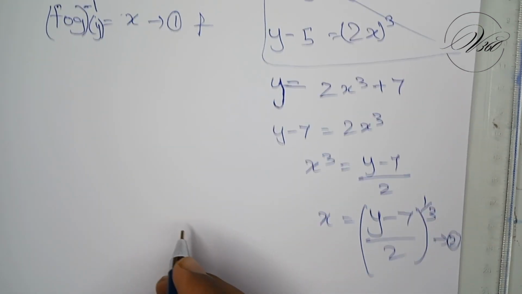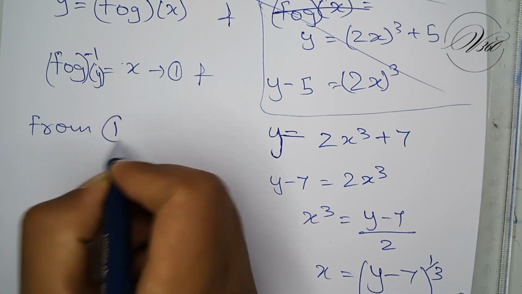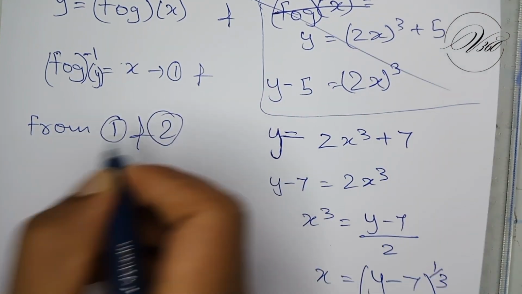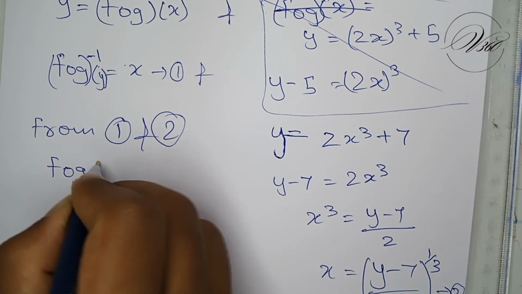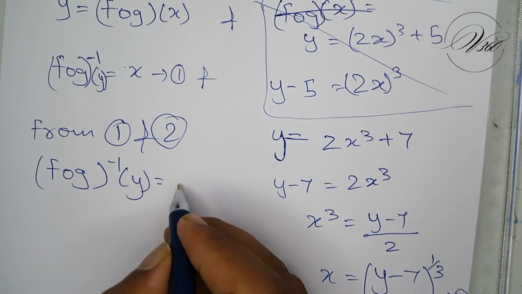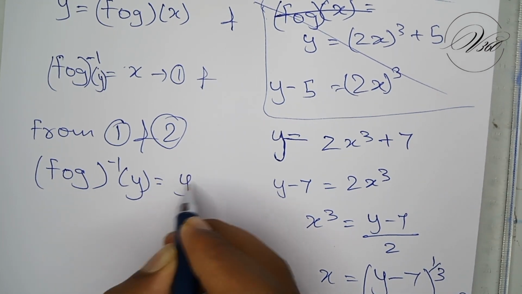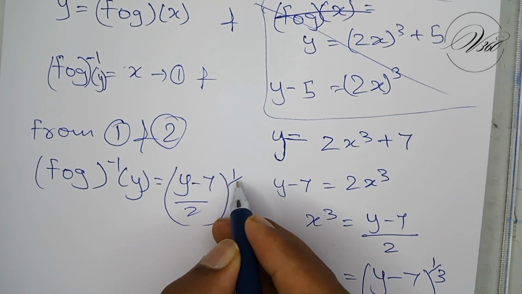Now we will combine these two equations here. From 1 and 2 we got f of g whole inverse of y is equal to y minus 7 by 2 whole to the power 1 by 3.